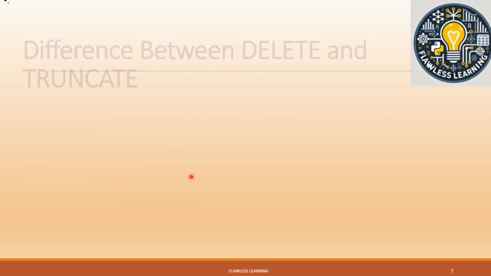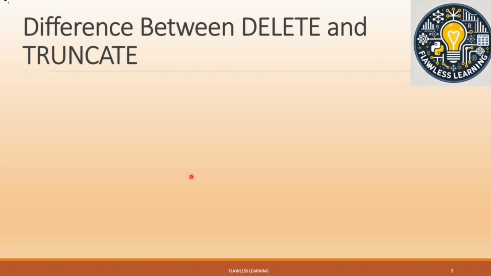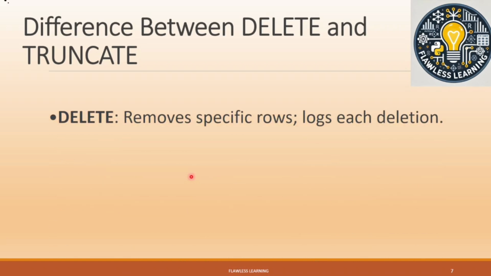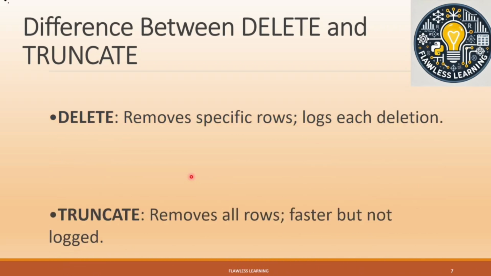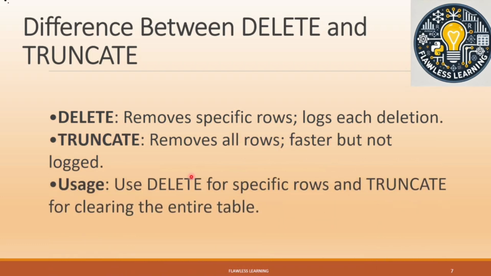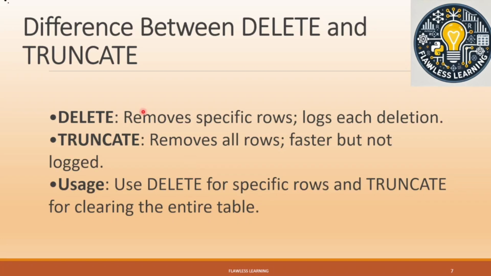Now there is a difference between DELETE and TRUNCATE. If you saw the previous DDL video, there is a command called TRUNCATE, and now there is a command DELETE. So what is the difference between them? DELETE removes specified rows and locks each row. TRUNCATE removes all rows faster, but without row locking.